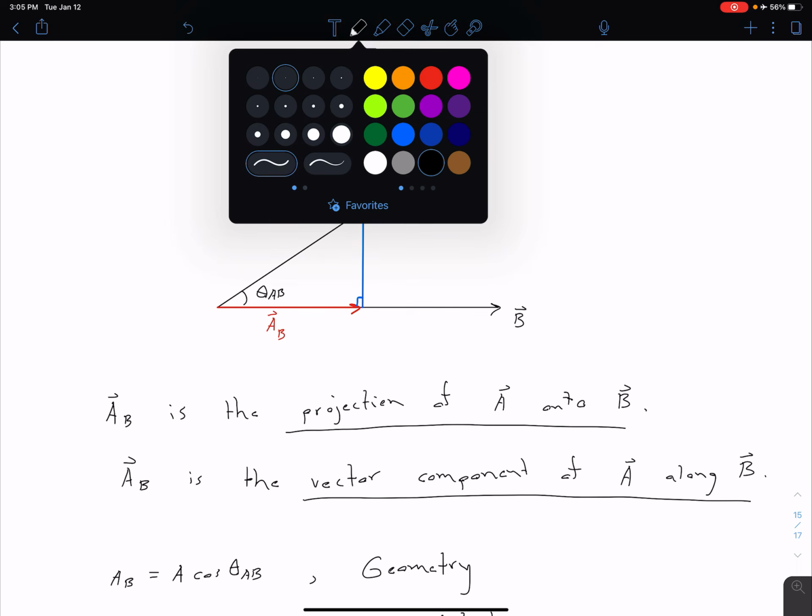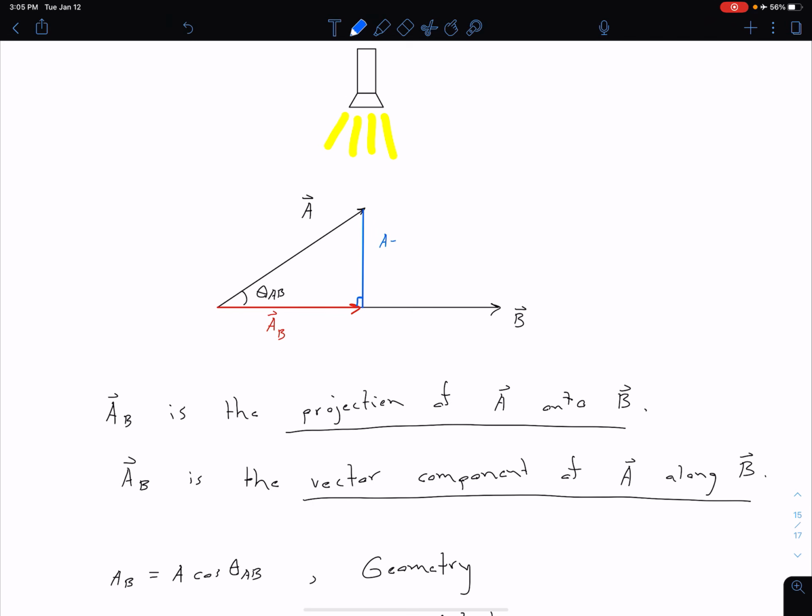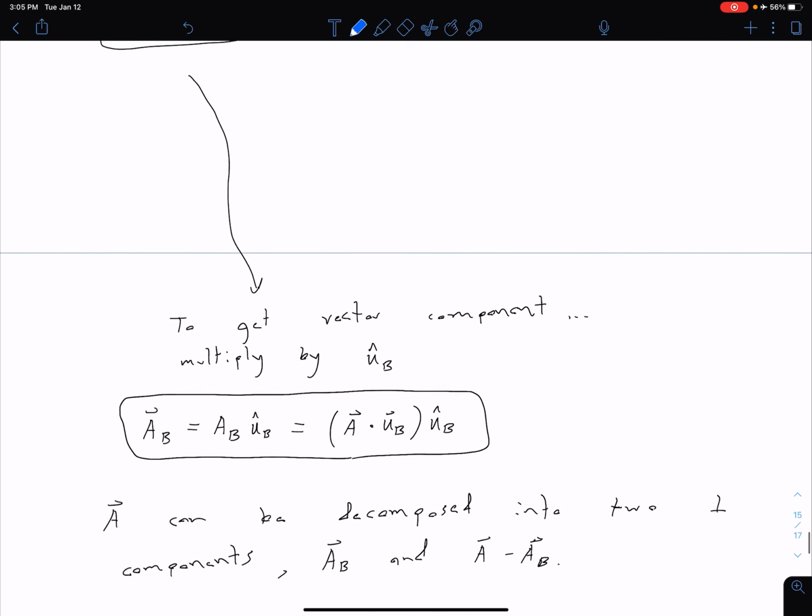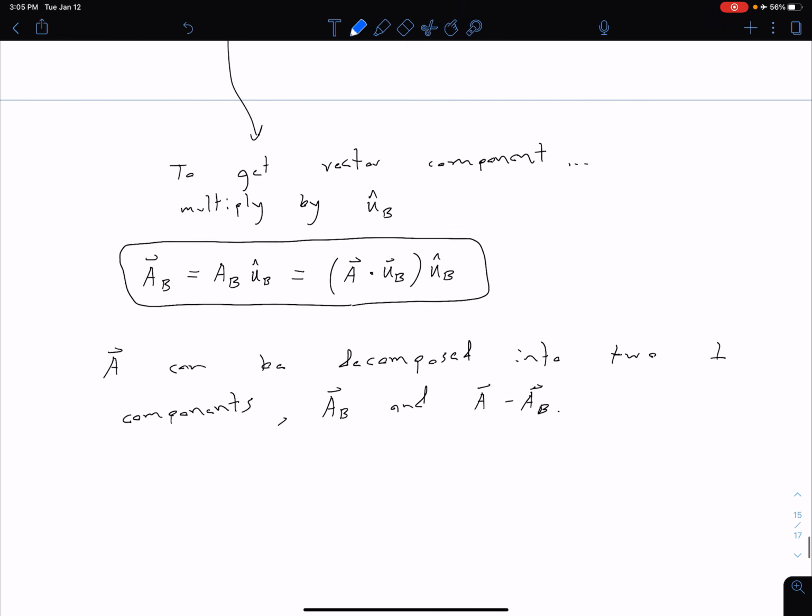This blue line would then be our A minus A sub B, and that's going to have a direction here. We could rewrite that and say that A sub B, which is red, plus the blue, which is A minus A sub B, is equal to A. That's an easier way to see it in terms of geometric addition, at least in my mind, because those two cancel out. Being able to decompose our vectors into two orthogonal components is a very useful thing, and that's going to make a lot of our operations easier.